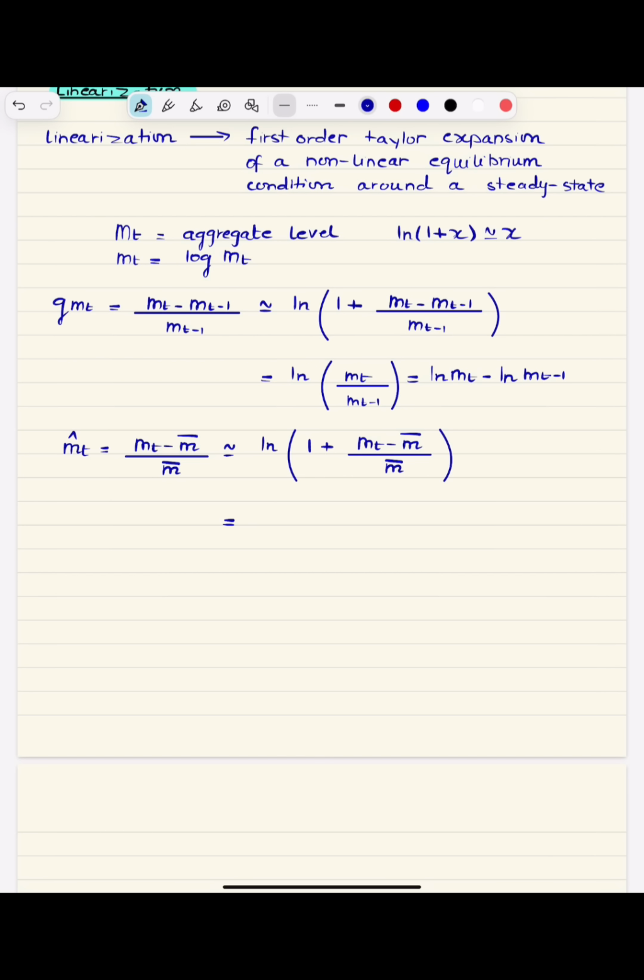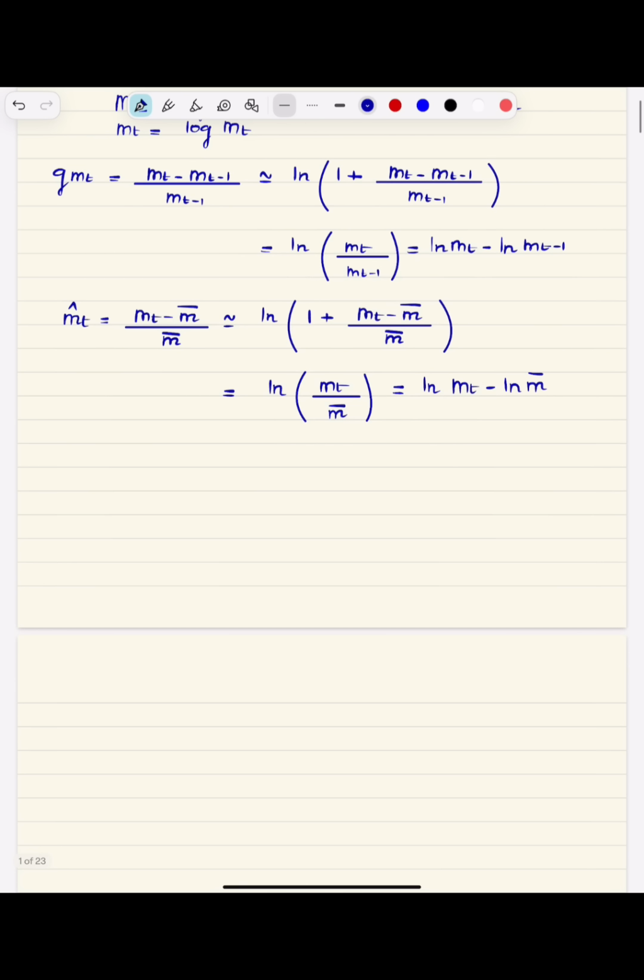This will become a log of m_t over m bar, and this is then written as ln m_t minus ln m bar. So whenever there is a hat variable, say x hat t, it's just the log of that variable minus the log of the steady state value of that variable.